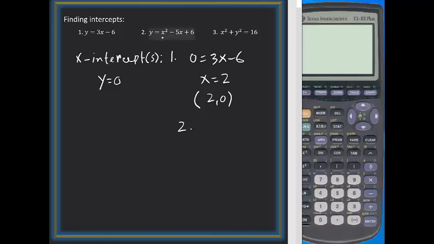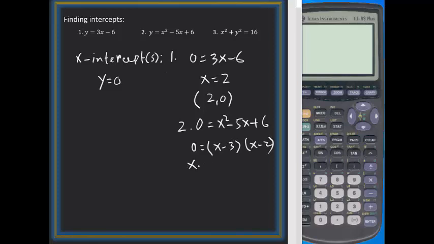For the second one, we write y equals 0. So you get 0 equals x squared minus 5x plus 6. Now you need to factor because it is quadratic. This is a trinomial, and an easy way to factor is (x minus 3) times (x minus 2).